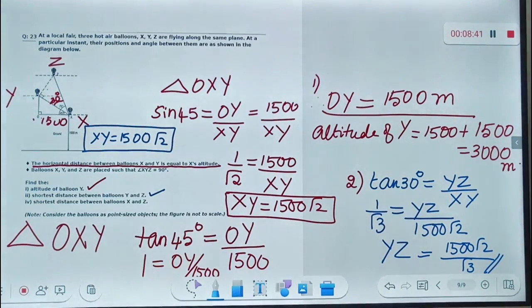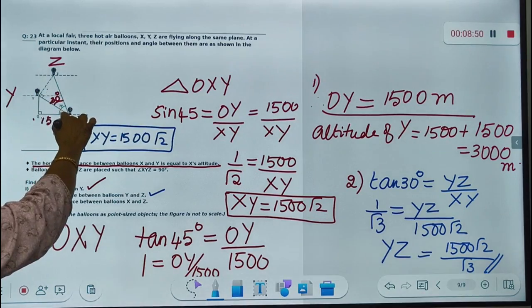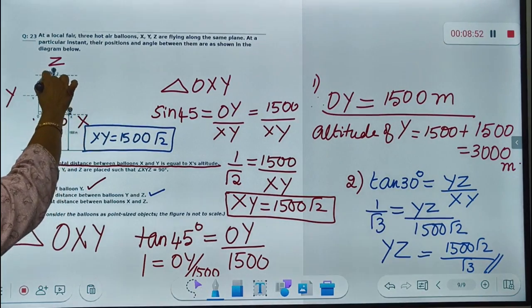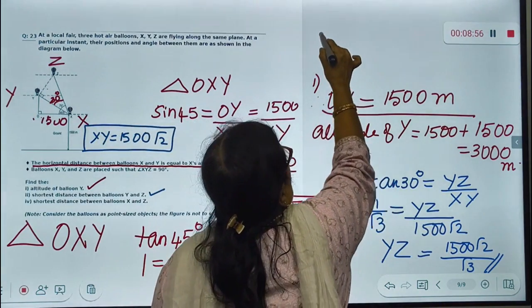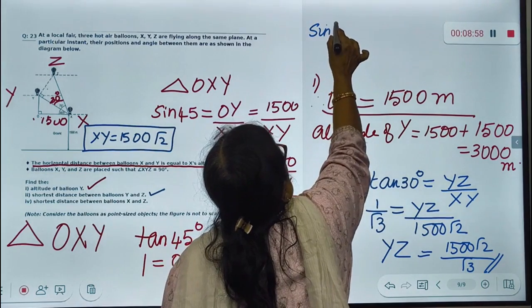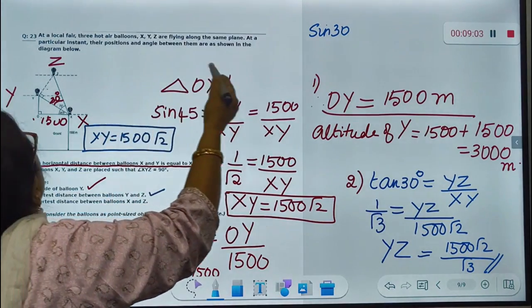Now is it clear how to find the distance between Y and Z? Now we also have to find the shortest distance between X and Z. So I now know this XY, right? I need to find the hypotenuse. So sin 30, or I can use cos 30.